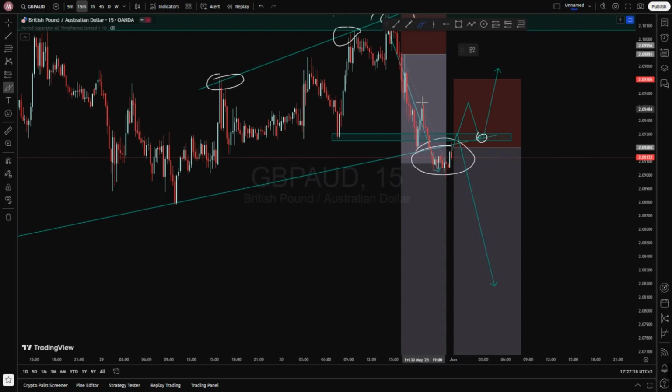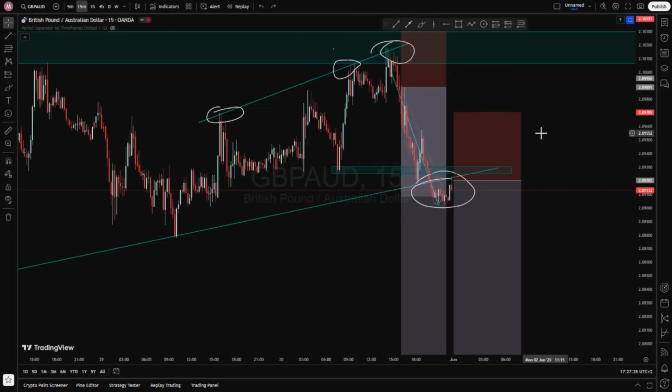At this point we don't have a good entry point. Somewhere here, you see this was an impulse correction, so this was a good entry point for us. But currently we don't have a good entry point, unless price gives us something like this, going up in this continuation pattern. Then we are going to have a good entry point.